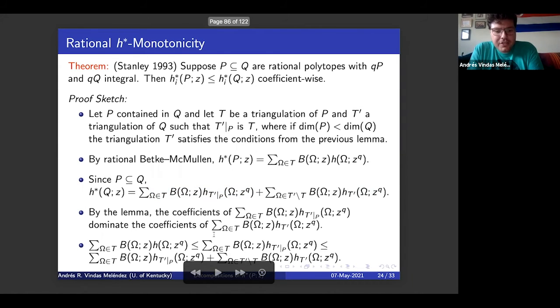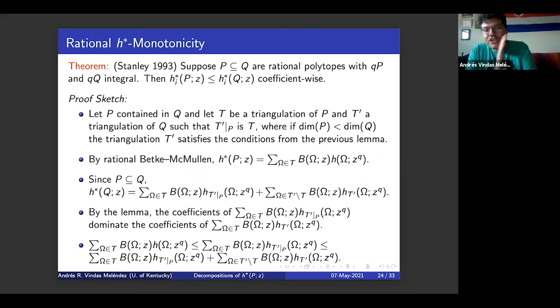Okay. And so if I put all the pieces together, and again, I'm going kind of fast because there's a lot on this screen, I hope that I convey that it really is just putting the pieces together. So I'm taking the smaller stuff with P, and then I'm splitting Q up to be the things with P and the things without P. And then I'm just putting these inequalities together, okay?